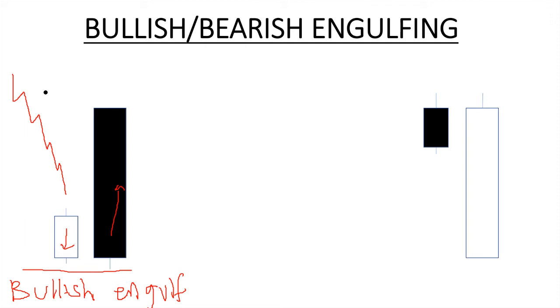So anytime you see this candle pattern at the demand zone, it means buying pressure is very strong, so the trend will be bullish. And then the other pattern is always formed at the resistance zone or supply zone, which is the bearish one.